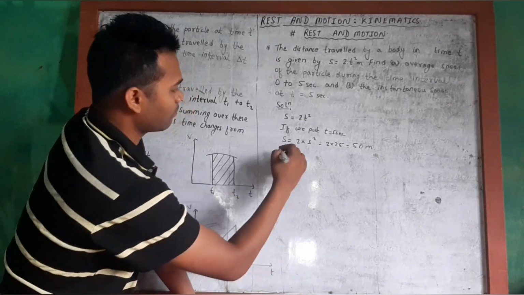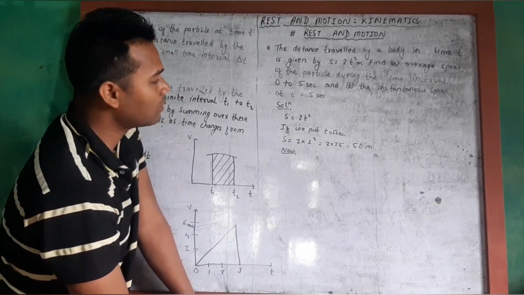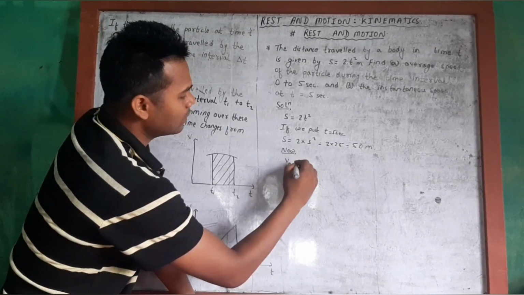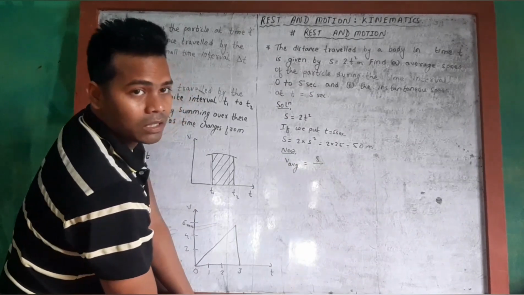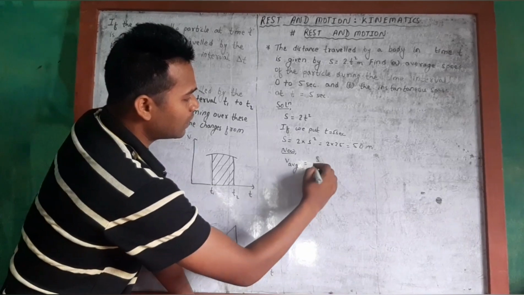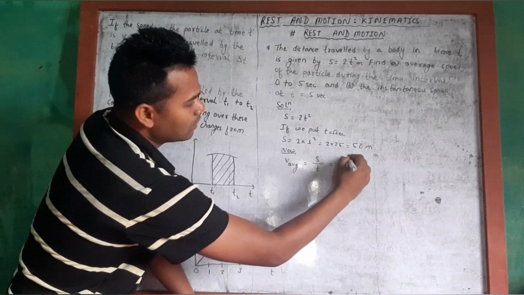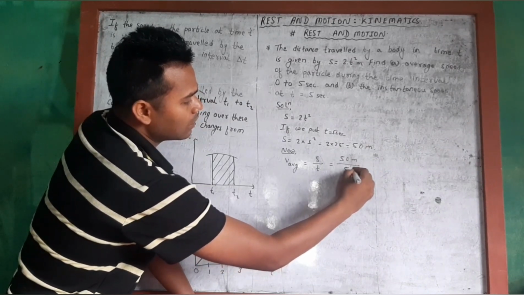Now the average speed in the time interval 0 to 5 seconds is given by the total distance in the time interval 0 to 5 seconds divided by the total time interval. Here the total distance is 50 meters and the total time interval is 5 seconds.